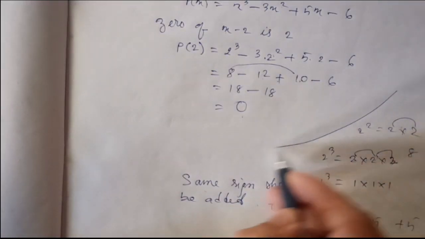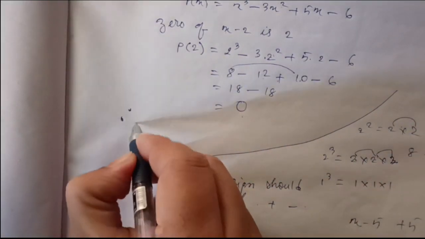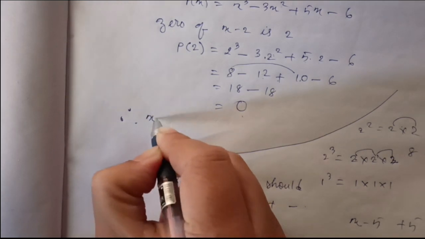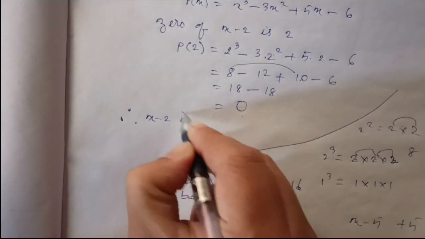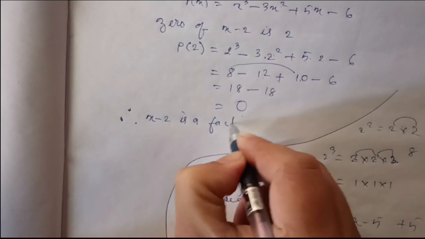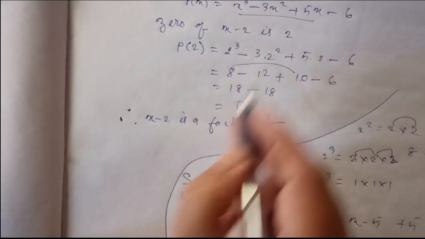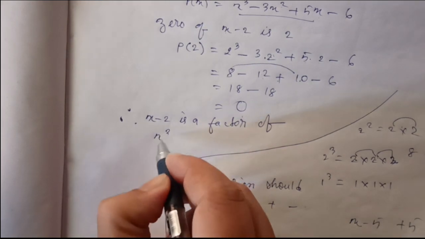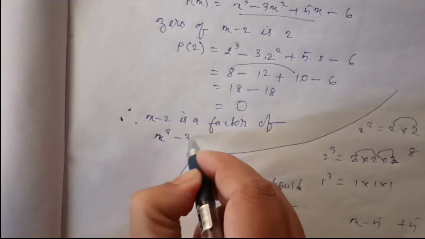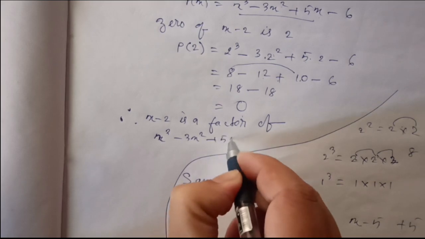So now let us write down the conclusion. Therefore, x minus 2 is a factor of what? x cubed minus 3x squared plus 5x minus 6.